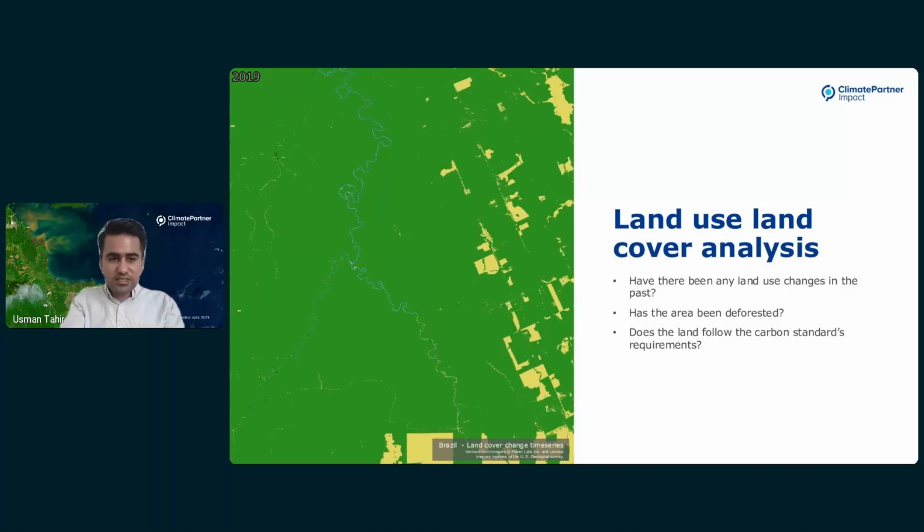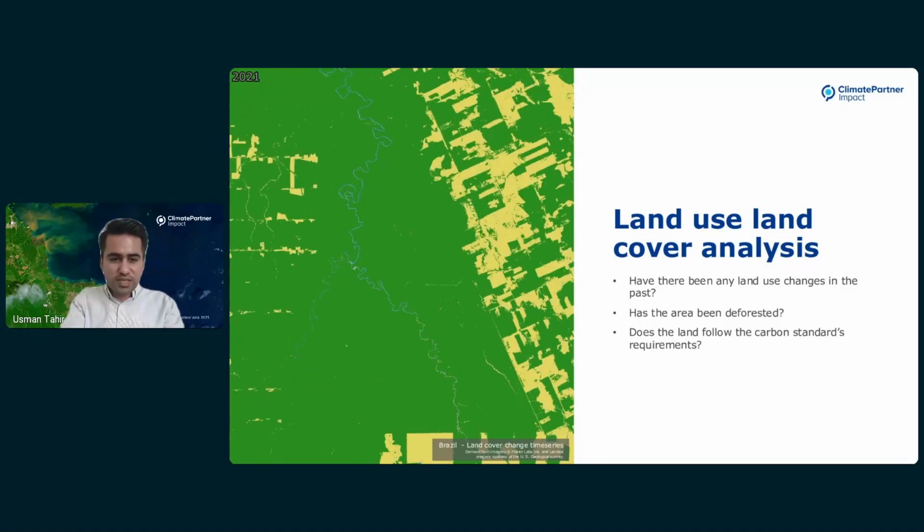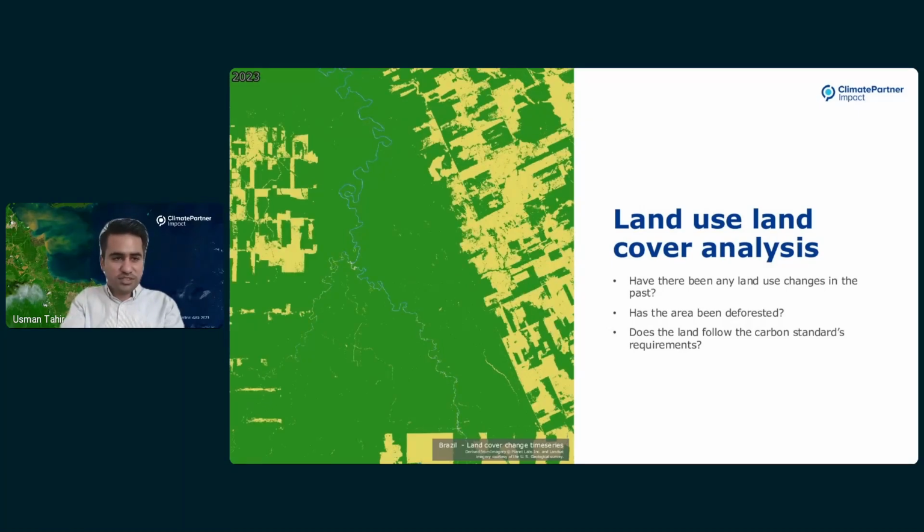Here is a very clear image from 2019. And then you see the deforestation has significantly increased and covering the whole region. So in the recent image, we can see that almost half of the region has been deforested.